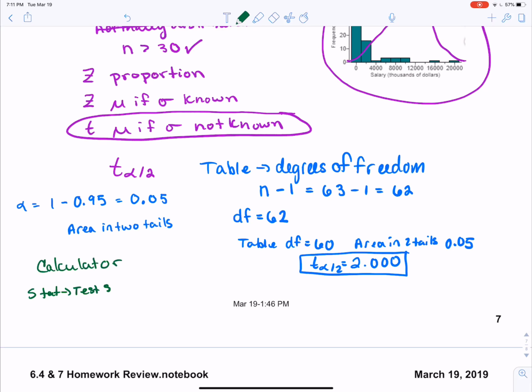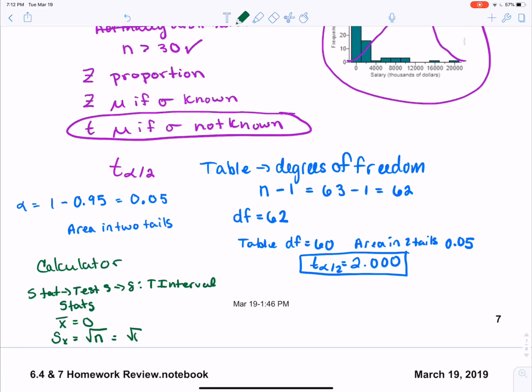And this time you're going to choose option 8, which was t interval. When you do that, it's going to prompt you to choose data or stats. You do want to use stats. You'll use data if they give you a list of data. When you're trying to find the critical value, you're always going to set your x bar equal to 0, and you're going to set your sample standard deviation equal to the square root of n.